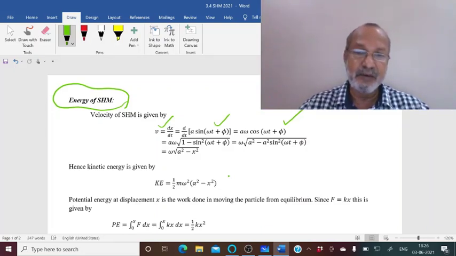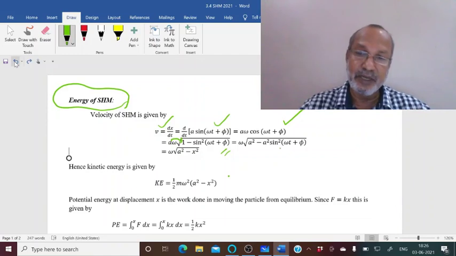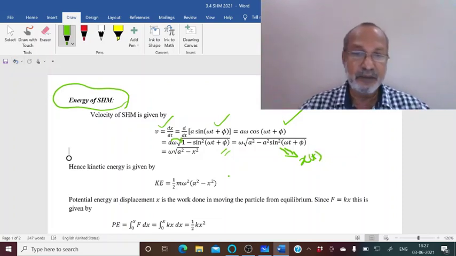That is the derivative of sin(omega t plus phi), which may be written in this manner, and taking this a inside the square root, you will get this, and inside the square root we have got a sin(omega t plus phi), which is nothing but the displacement of SHM. So that is x square.